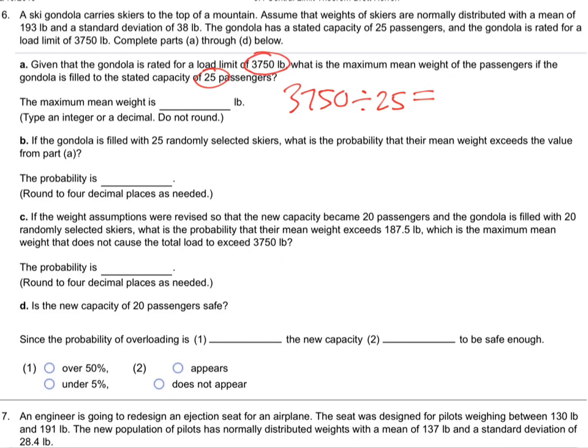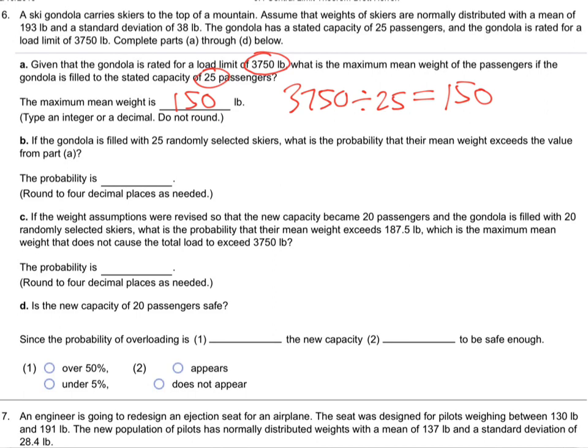I'm getting 150? That's your mean, the average weight per person. If you have 25 people and they weigh 150 on average each, then you'll meet your load limit capacity. 150 doesn't seem very safe, at least if they're all men. Does that make sense?